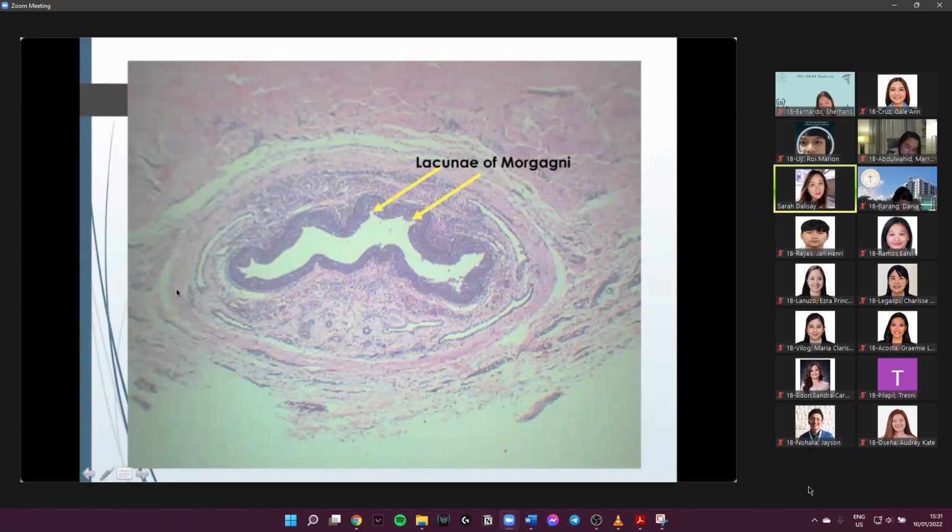So this one here is your corpus spongiosum, this entire structure where you find your penile urethra. One thing that you will notice here in your lining epithelium is that you may see these depressions, what we call your lacunae of Morgagni.